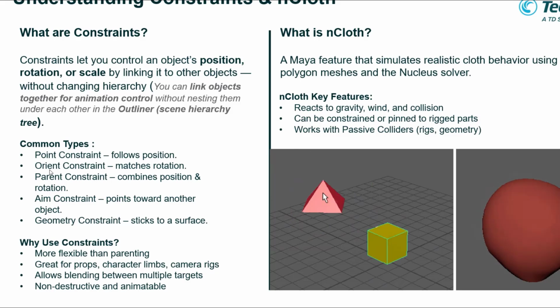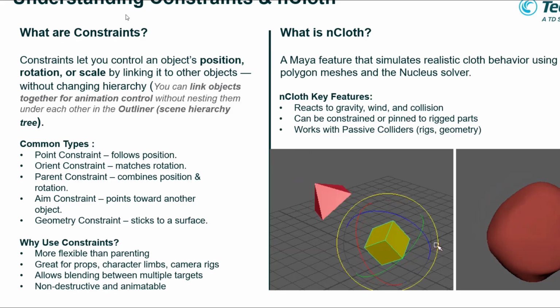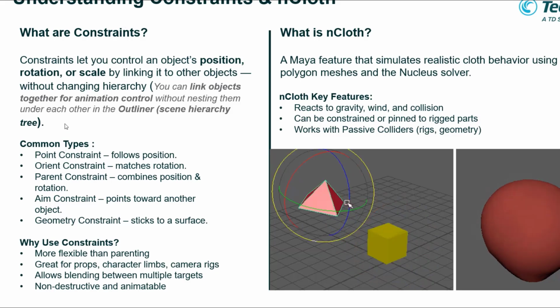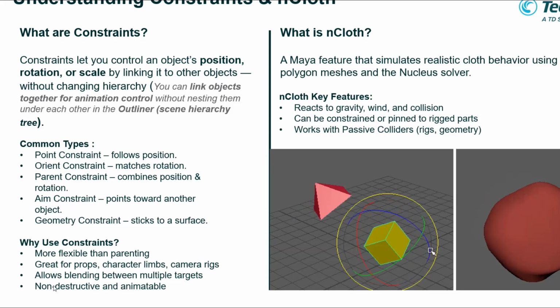Let's say you want to create a character and attach a controller, you can use constraints. This is why I use constraints. I think they are more flexible than parenting for props, character limbs, camera rigs, anything, allowing blending between multiple targets, and they are non-destructive and editable.